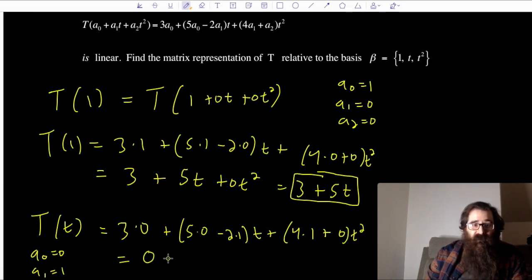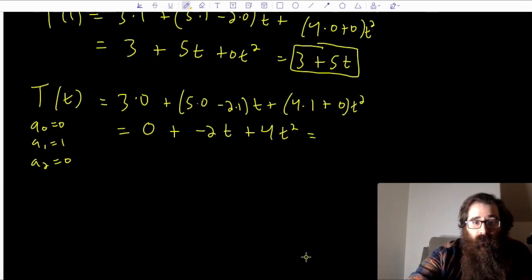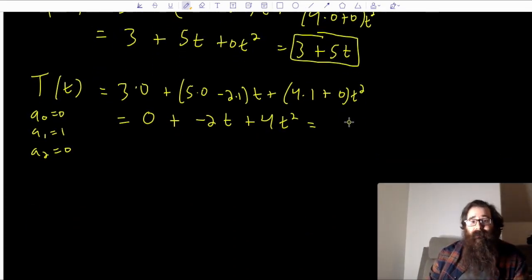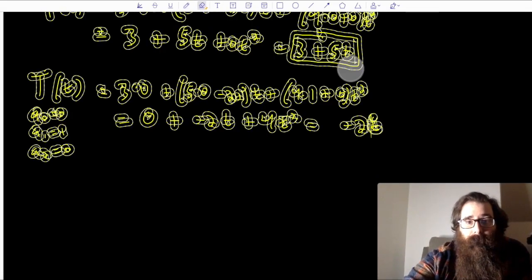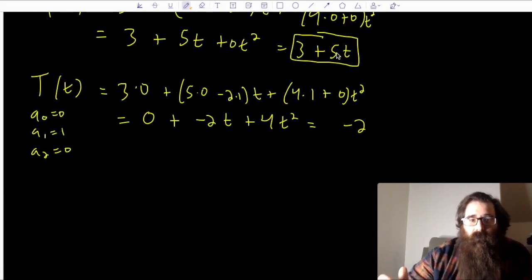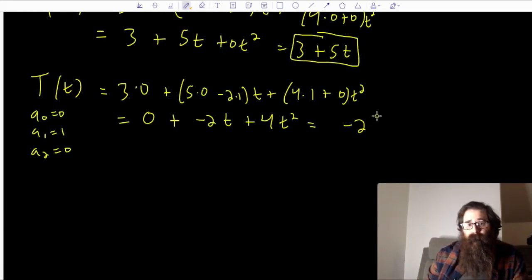Or then this is going to give me 0 plus negative 2 times t plus 4 times t squared. Or if I want to just write this out a bit more succinctly, we could say negative 2t plus 4t squared.